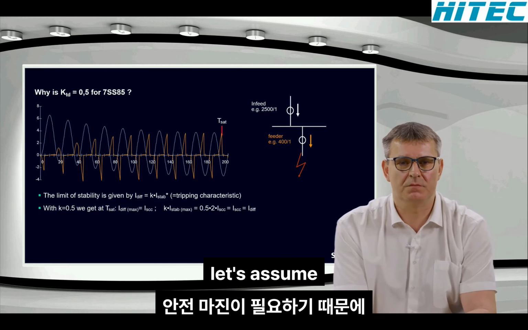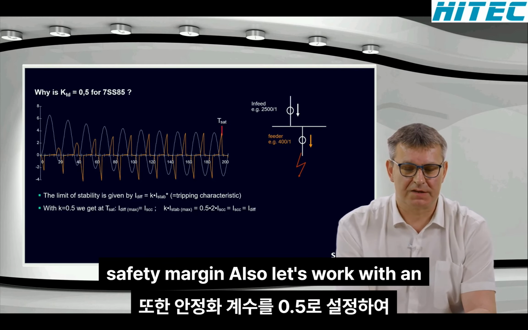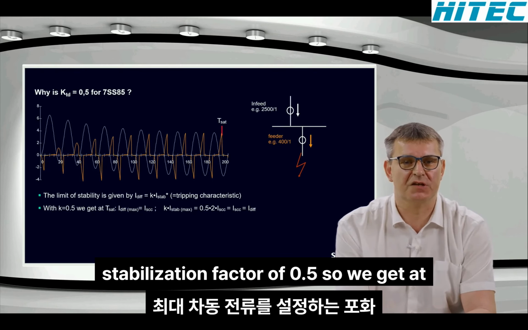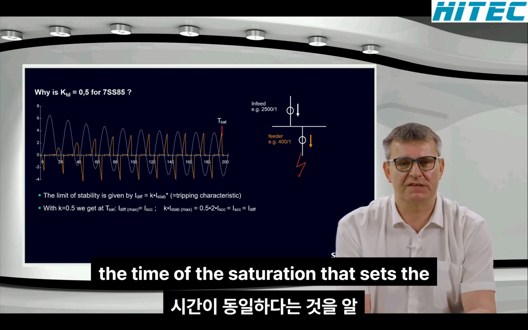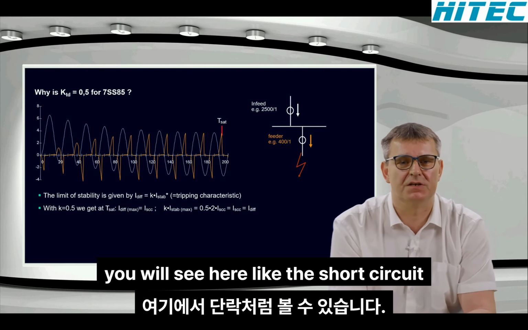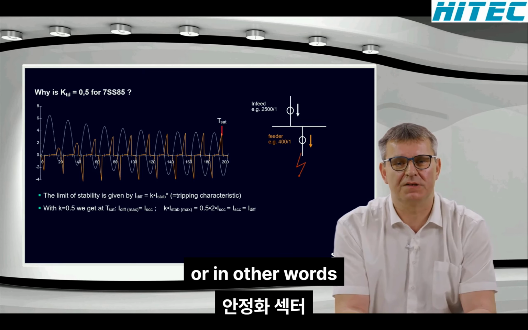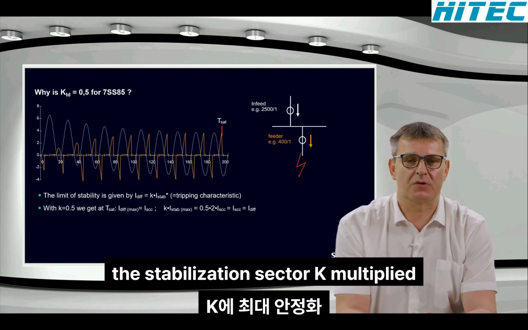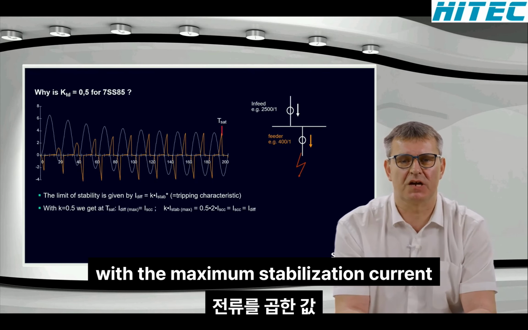Let's assume, because we also need a safety margin, let's work with a stabilization factor of 0.5. So we get at the time of the saturation that the maximum differential current is the same, you will see here, like the short circuit current. Or in other words, the stabilization factor K multiplied with the maximum stabilization current.